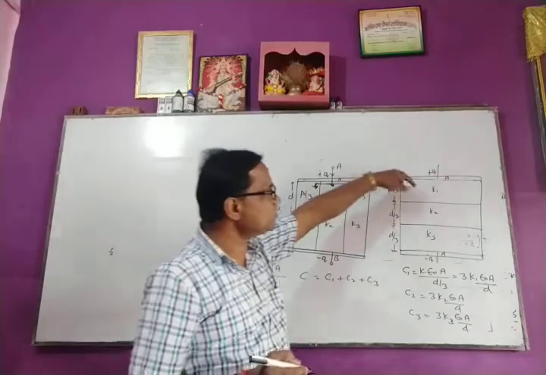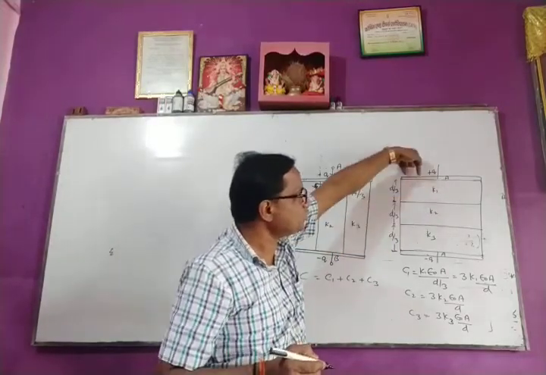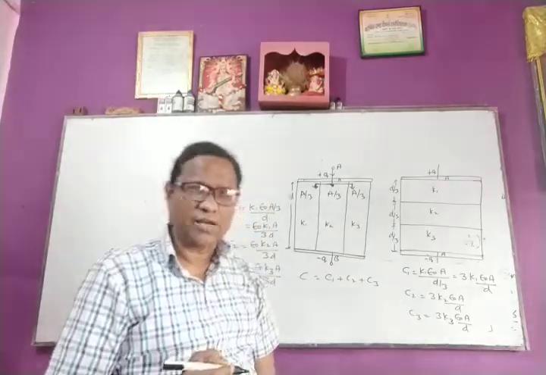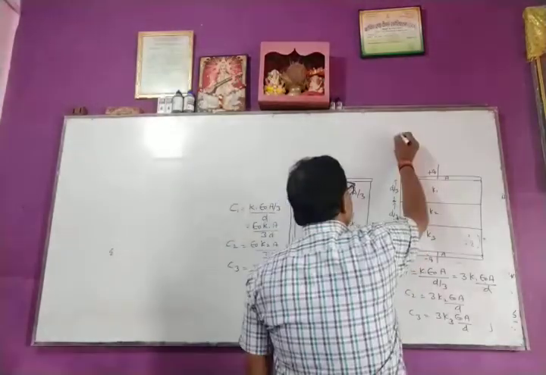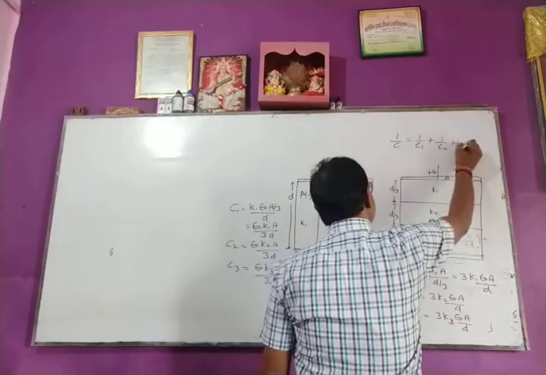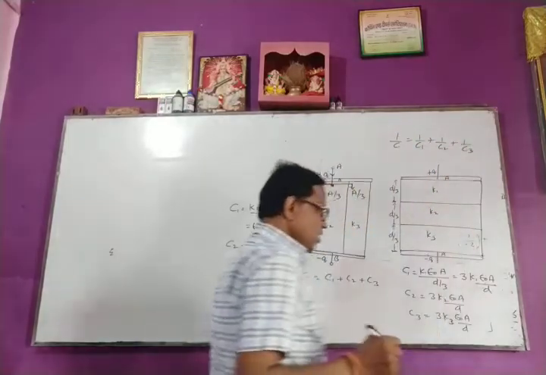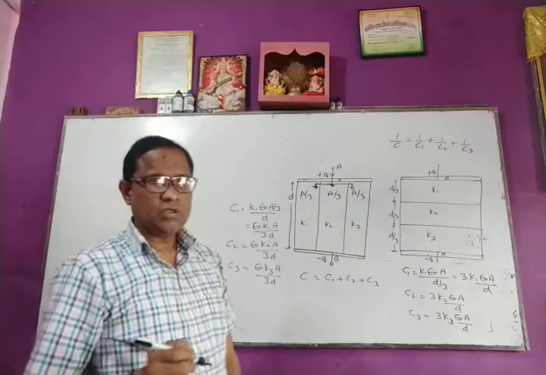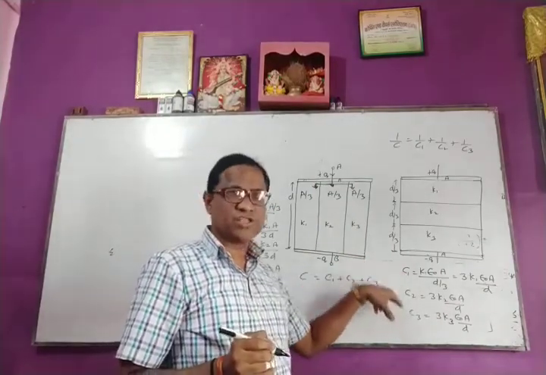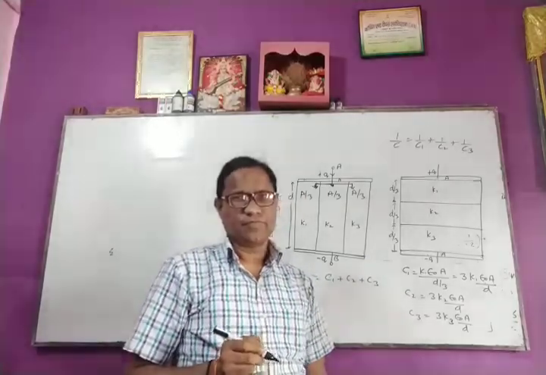In this case, same charge is flowing across all, so they are in series connection. So 1 by C is equal to 1 by C1 plus 1 by C2 plus 1 by C3. We can solve after putting the values of C1, C2 and C3.